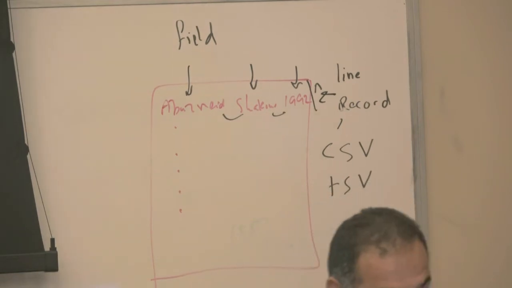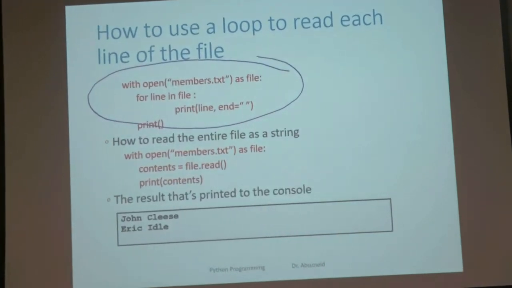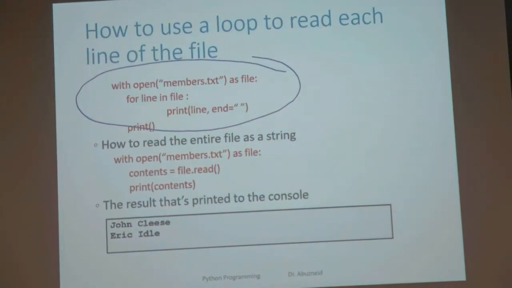So what we are doing in here, as you see in this block, is with open, and we already learned what the with is. We used with so that the file will close automatically after we finish the statements.